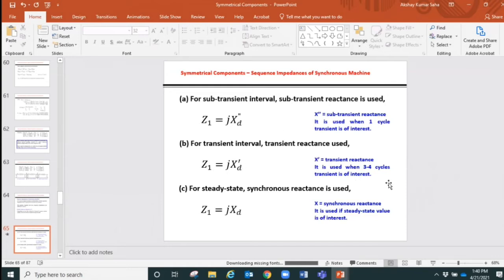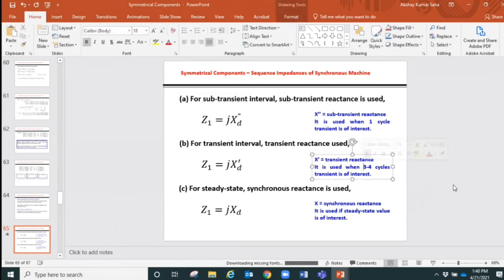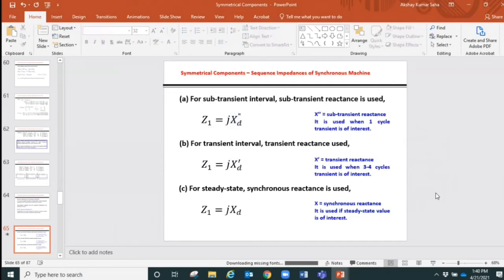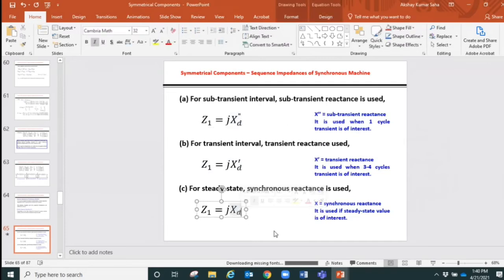If we are considering a time duration of 3 to 4 cycles, a little more than one cycle, we call it a transient study. It is a short duration, but not as short as one cycle, so we use the transient reactance x prime d, and they are always labeled like that. So if you see xd somewhere, it's the steady state reactance of the generator winding.